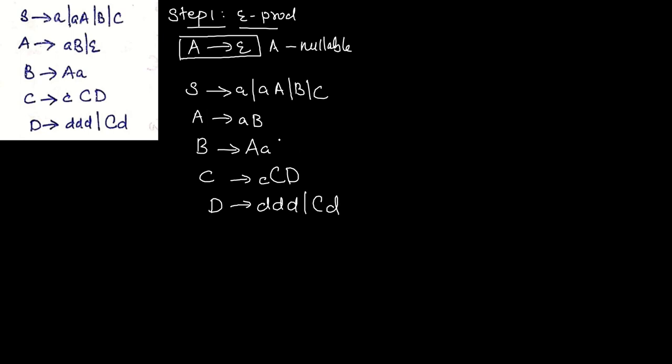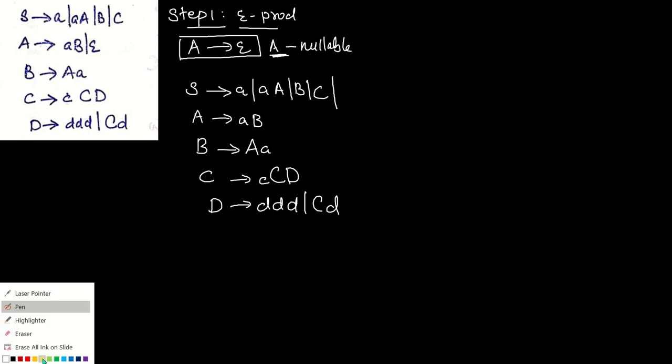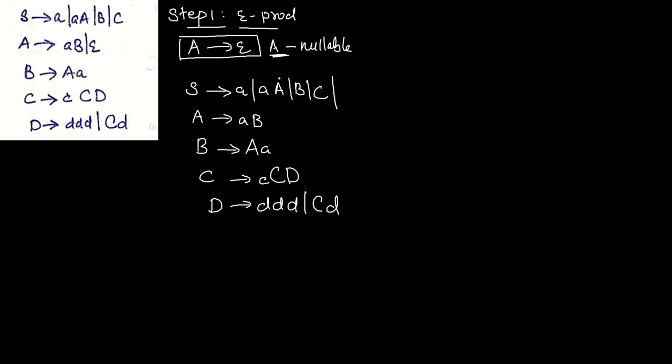After this, A is the nullable variable, so wherever we have A on the right-hand side, we have to substitute epsilon and get new productions. So here I am going to add new productions. Instead of this A, I will substitute and I will get A. This A is repeated here, so I don't want to add the same production once again.